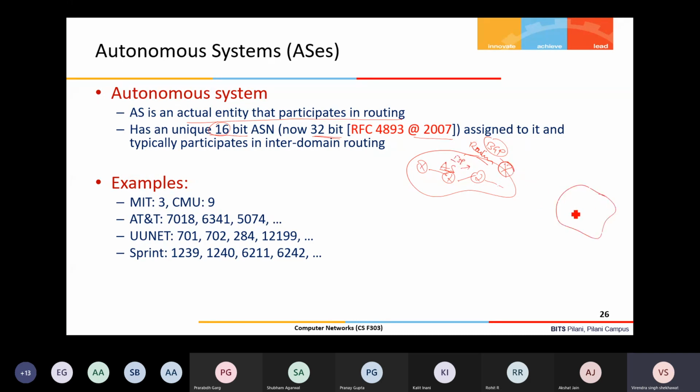Suppose this is AS1 and this is AS2. AS2 also has an interconnection of various routers and some customer networks connected to it. These are the networks, like this can be BITS Pilani, this can be IIT Delhi, something like that, right?